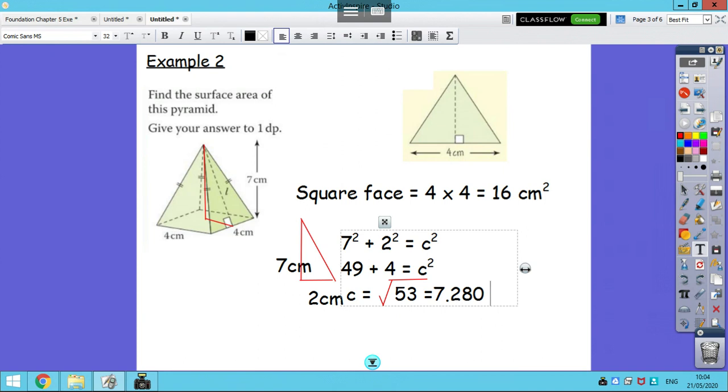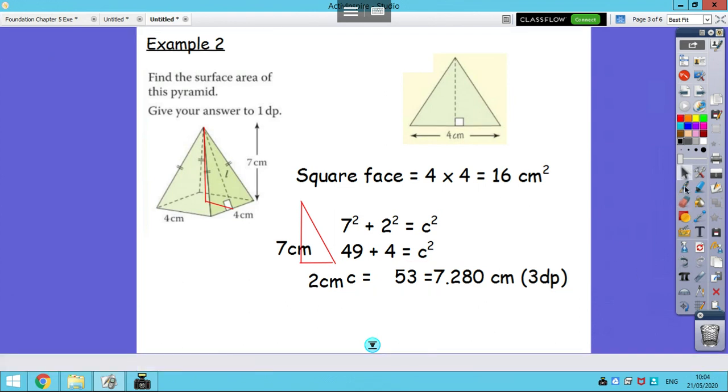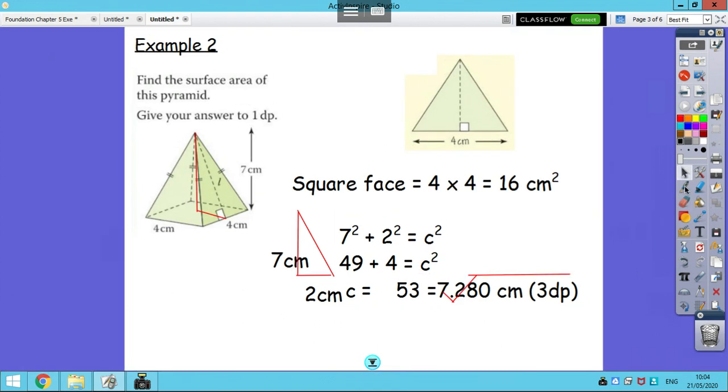So that height there, that length there is 7.280 centimetres to 3 dp. I'm going to use a few more decimal places there just so I don't lose any accuracy. So now I've found this height here, which is the height of each of the isosceles triangles.